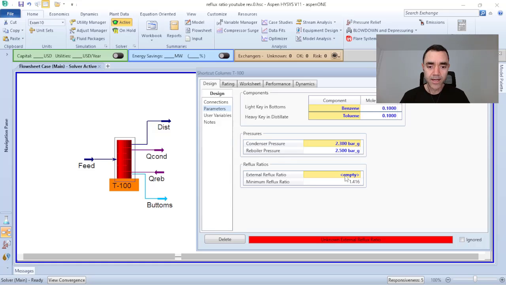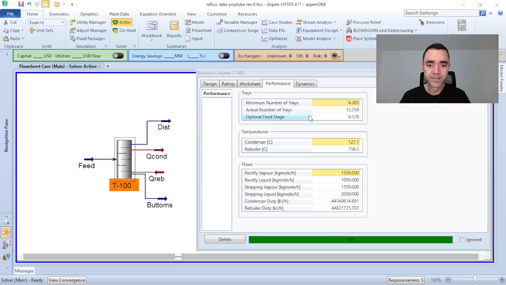And now I will add, or I will inform, what is the external reflux ratio, that is, in other words, the operating reflux ratio. So if I multiply, for instance, this value here by 1.5, I will have around 2.1, and when I click on enter, Aspen HYSYS did the conversion.